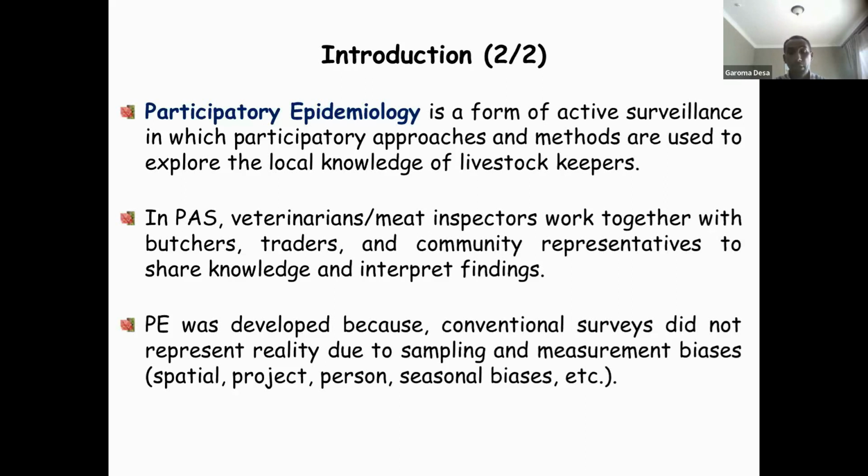We also have a person bias. By nature, we prefer to ask men rather than women, wealthy or rich men rather than the poor, educated rather than non-educated. But women, the poor and the uneducated may have good knowledge about the disease.